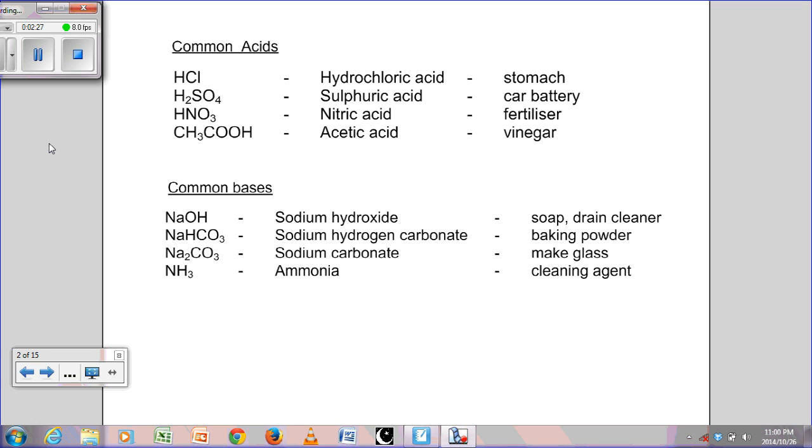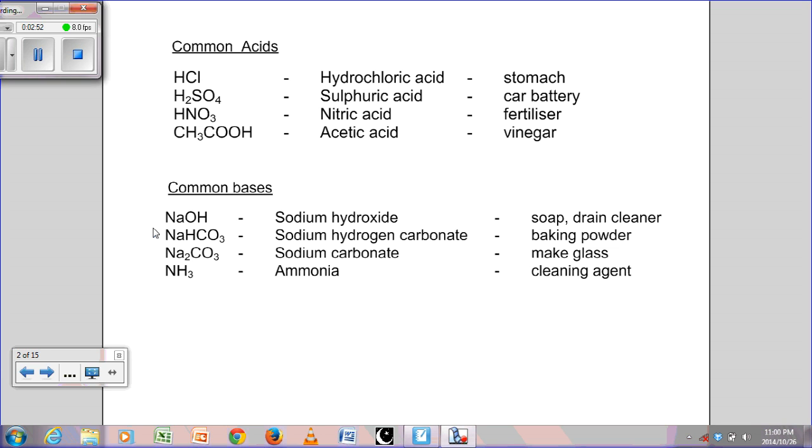If you look at bases, one of the most popular common bases that we know is NaOH, which is called sodium hydroxide or caustic soda. NaOH is very important in the manufacture of soap, and it is also found in many different types of cleaners, including drain cleaner.